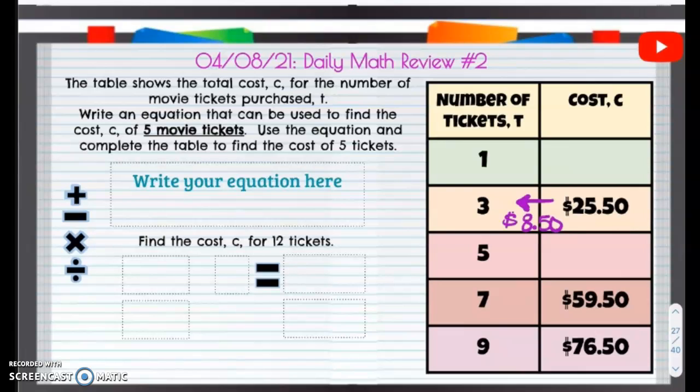So if we take that unit price, if we put the money on top, $25.50, that's for 3 tickets, the unit price would be $8.50 for 1 ticket. So that's going to help us there.